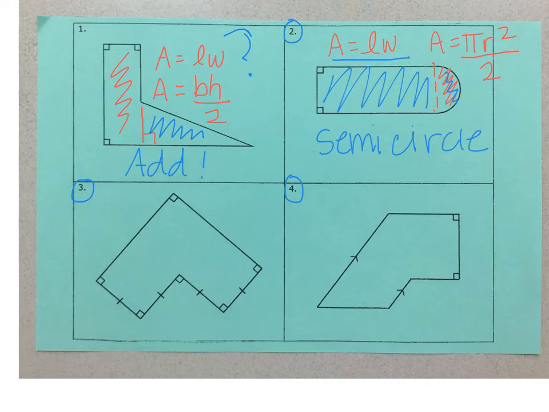What could you do there? I see a couple of different things. Probably the easiest to identify would be a rectangle, which would be length times width, and a square would be s squared. That's easy enough. What about number 4?